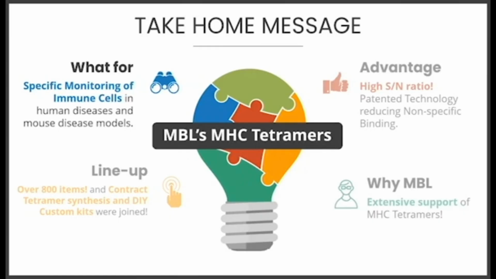The advantages of using MHC tetramers include reduced nonspecific binding, resulting in clearer data than those obtained through the products of our competitors. With more than 800 pre-designed items, made-to-order service, and DIY kit, we are sure to provide a solution that meets your needs. Finally, we would like to emphasize that tetramers provided by MBL are considered the industry gold standard.